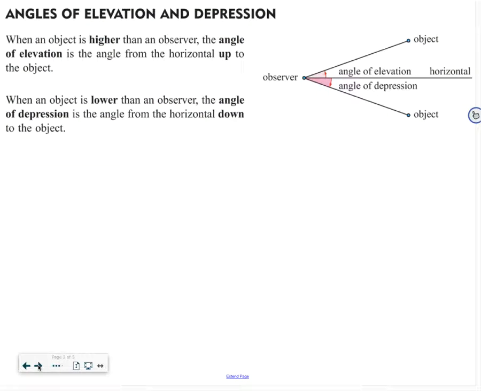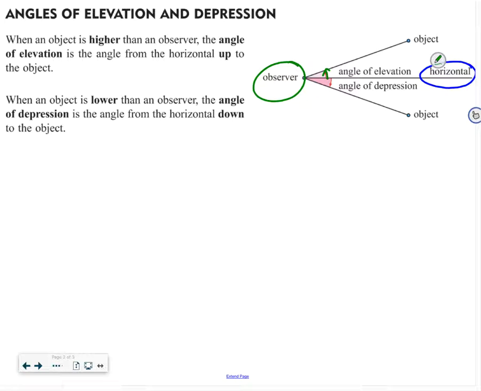Often when we're dealing with problems dealing with trigonometry and right triangles, we might be talking about angles of elevation and depression. The important piece to know is the angle of elevation and depression is always taken from your horizon line, or the horizontal line. Your angle of elevation is from an observer looking upwards.